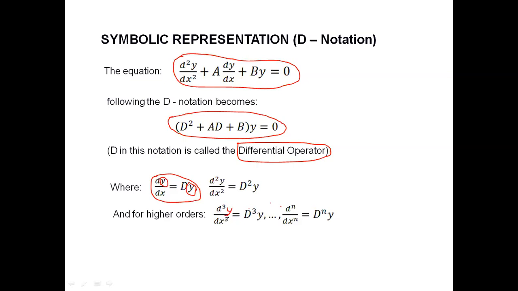Then for the nth order, we have dny over dxn equal to D raised to the power n y. There is supposed to be a y here as well. So these are what we call the D notations. These are simply ways of representing differential equations.